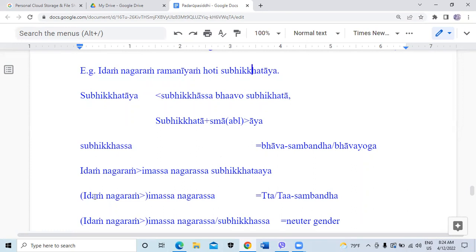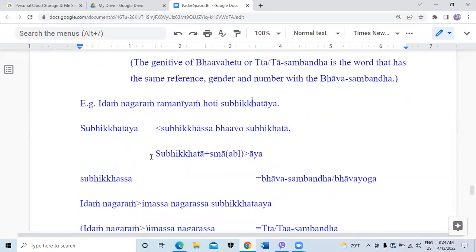In this case, Ramaniya is an adjective complement, which is easier, because there are only four or five words in this sentence. If the sentence is long, it's difficult for us to define the correct genitive of the reason.